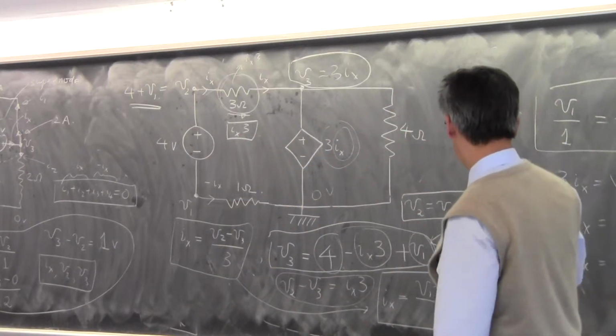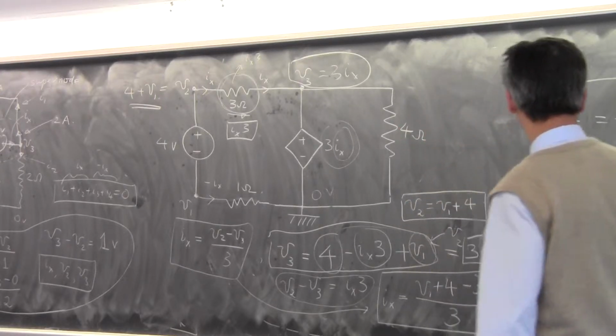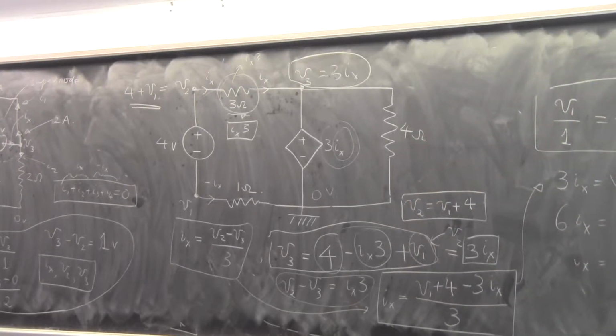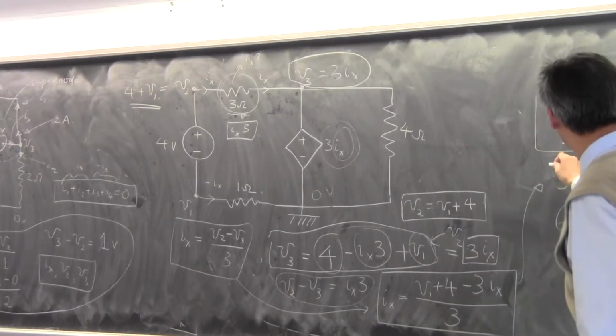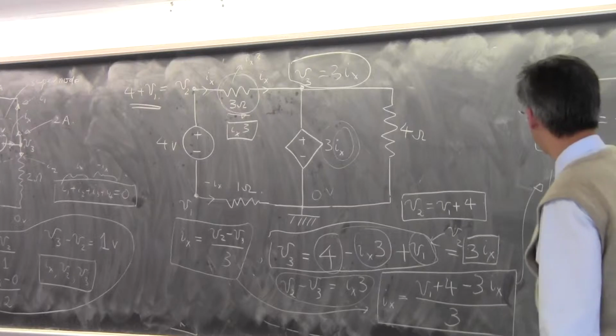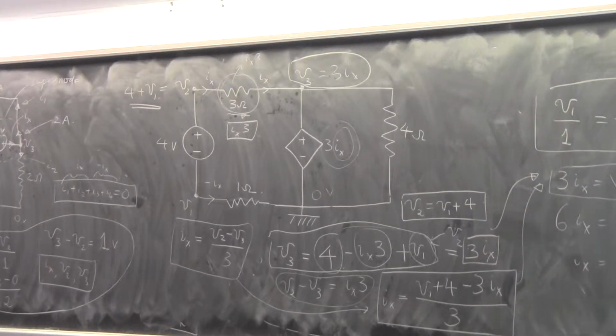Now, if I solve for Ix, that's why I can write this equation in this manner. I can directly go from this equation to this equation if I want to, or I can go through this equation first and get there.